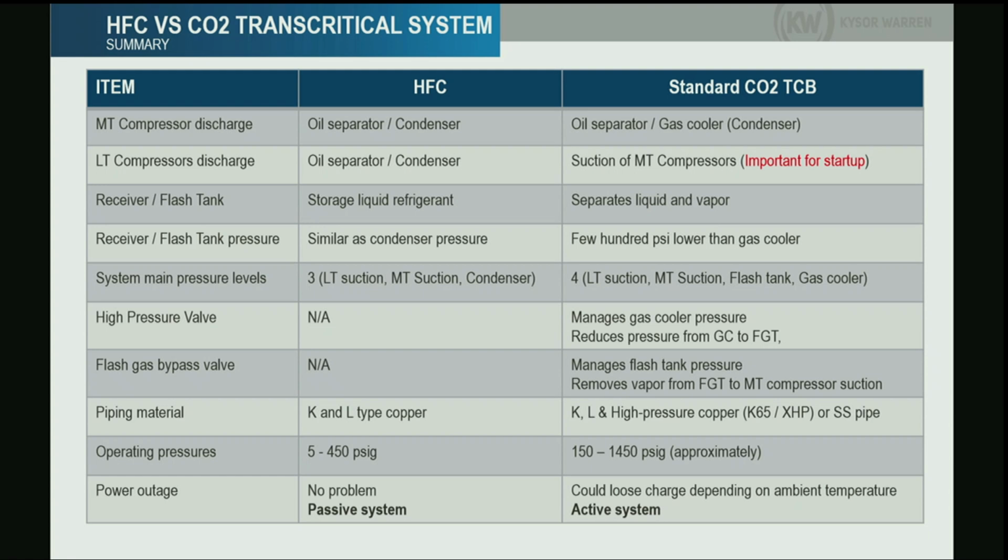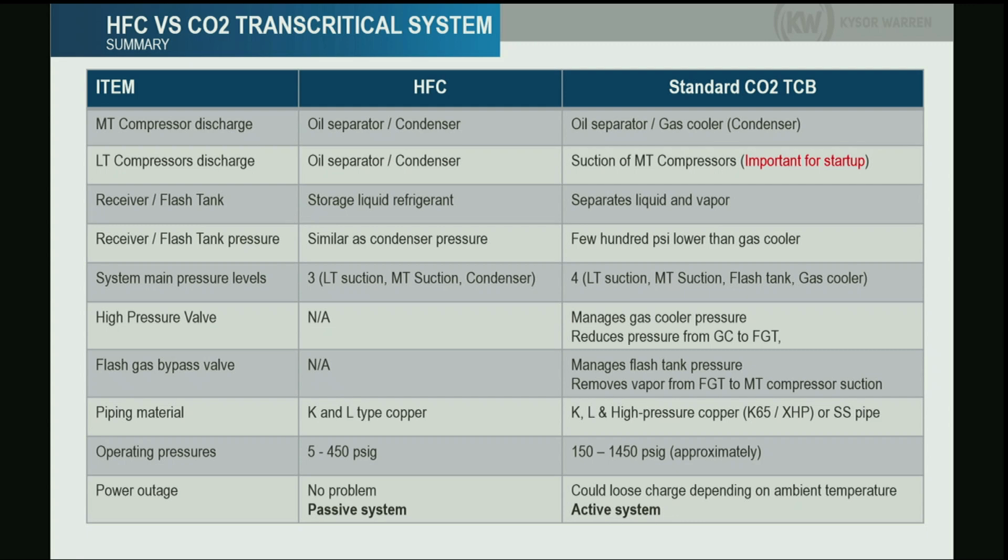Its function is to separate vapor and liquid, besides also being a storage tank. But in this case, the design of this tank is very important. Whether you have a vertical or horizontal receiver makes a little bit of difference. In the end, the operation is the same, but it's a lot easier to separate vapor and liquid with a vertical receiver compared to a horizontal receiver. So that is one of the differences here.